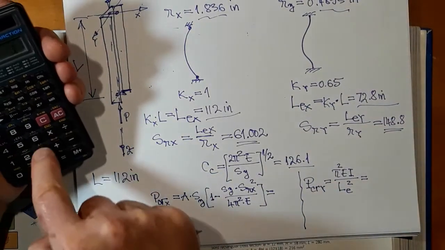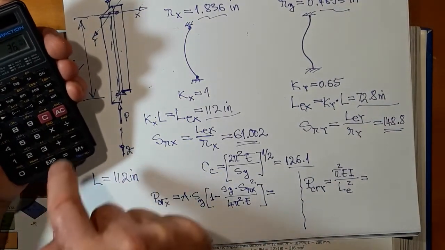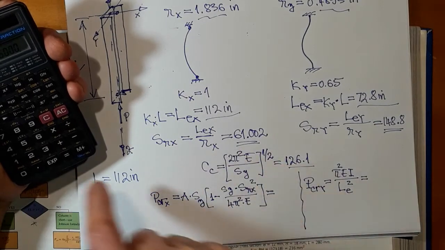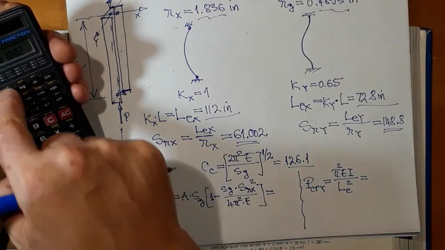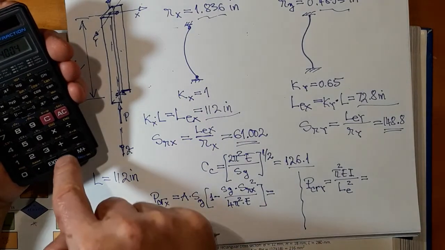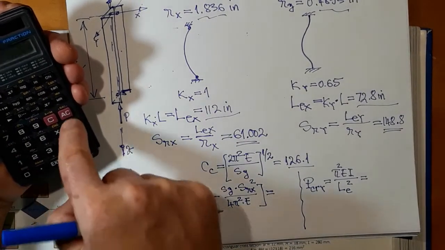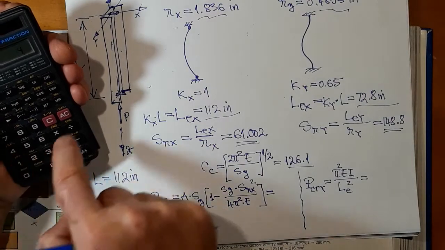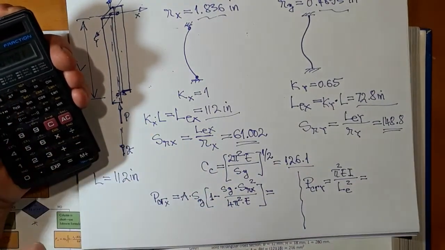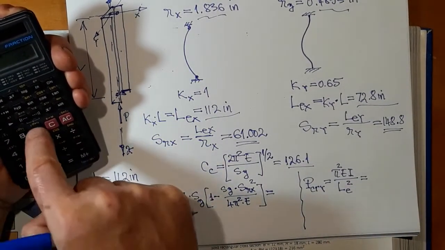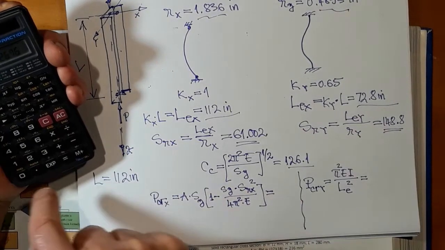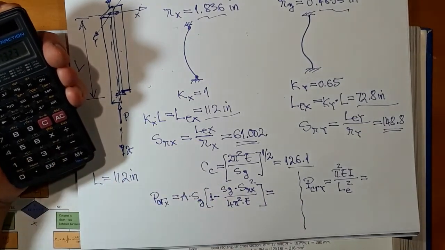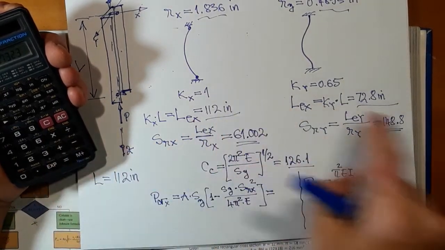So what do we have? We have 36 exponent 3 times 61.002, and this gets squared over 4 over pi squared over 29 exponent 6 equals, put a minus, plus 1 equals, times the area.